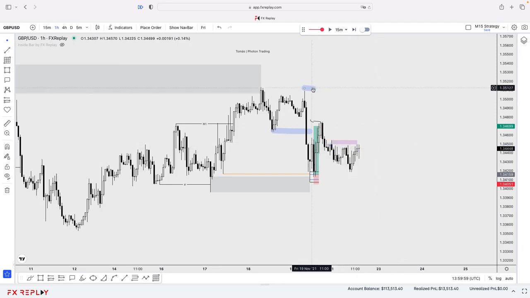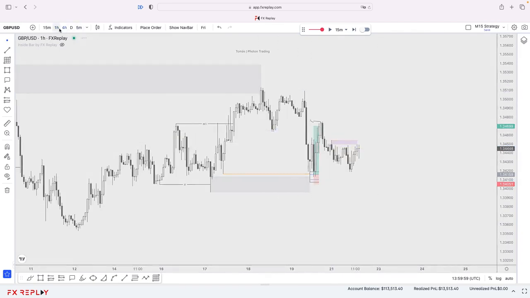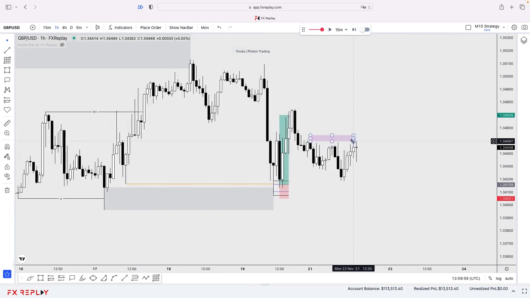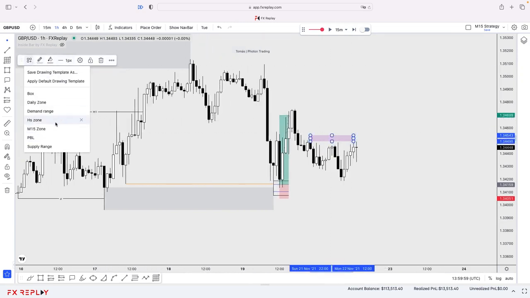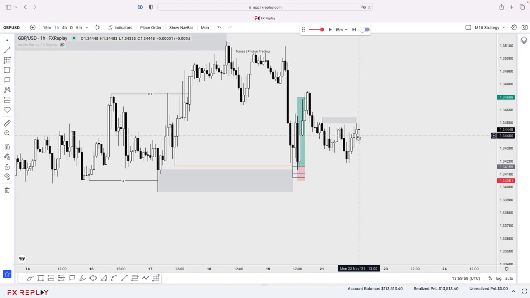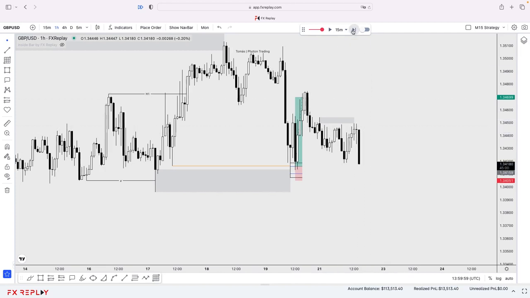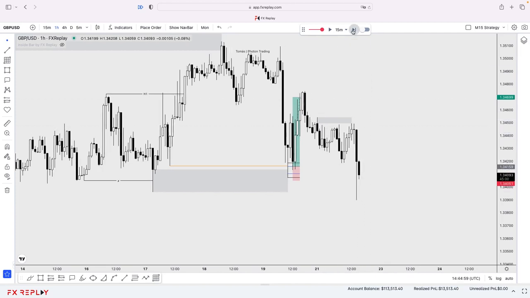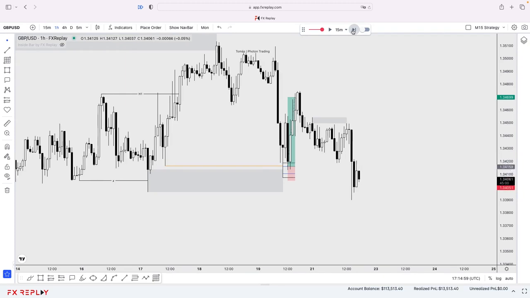I really want to see the mitigation on H4, but I can't go, I don't know why. Okay, it is what it is. So basically, I'll be looking for a possible sell here. Okay, I couldn't get involved, it is what it is, and price continues down.